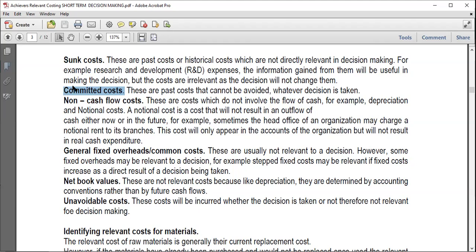But for learning purposes, unavoidable costs, like we've indicated, are costs that you will not do away with, whether you make the decision or not. They could be committed costs, or they could be recurrent costs. So unavoidable costs can be past or recurrent costs.